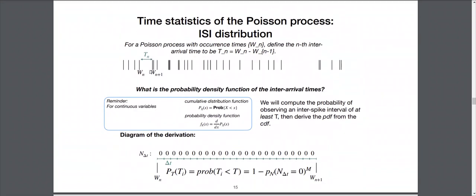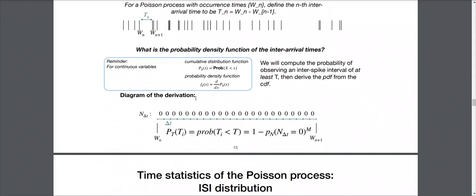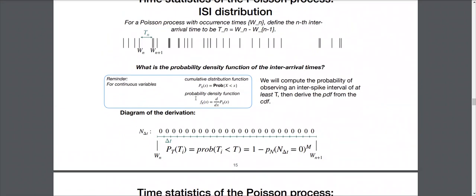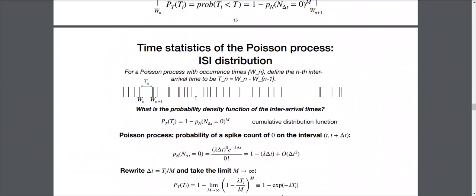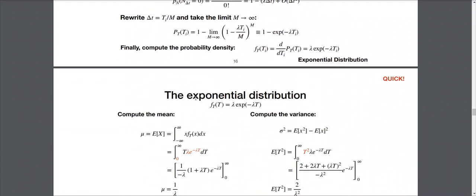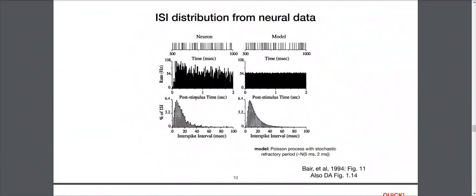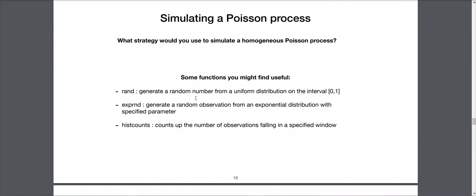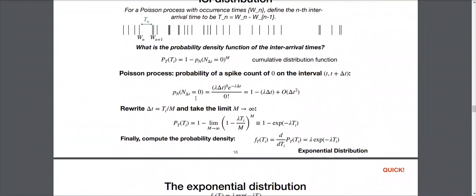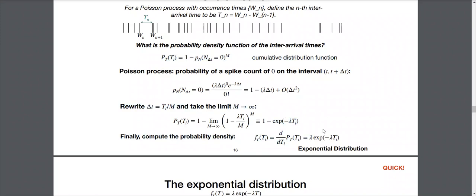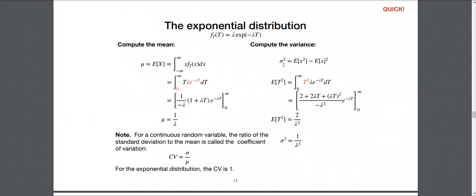And we have this T, the inter-spike interval. It's an exponential function if you solve it out, and the exponential approaches 0 since it's negative.